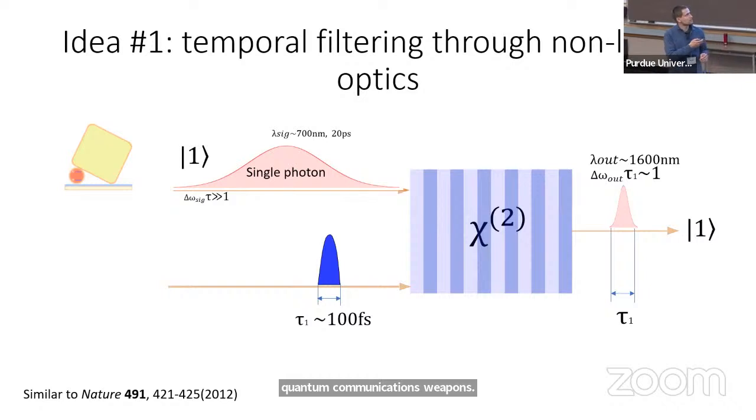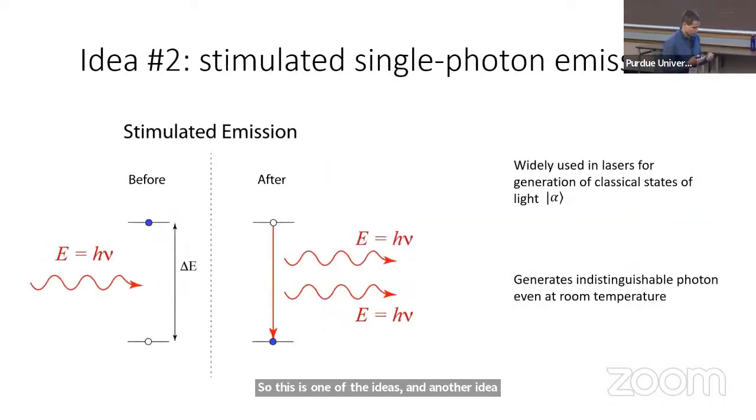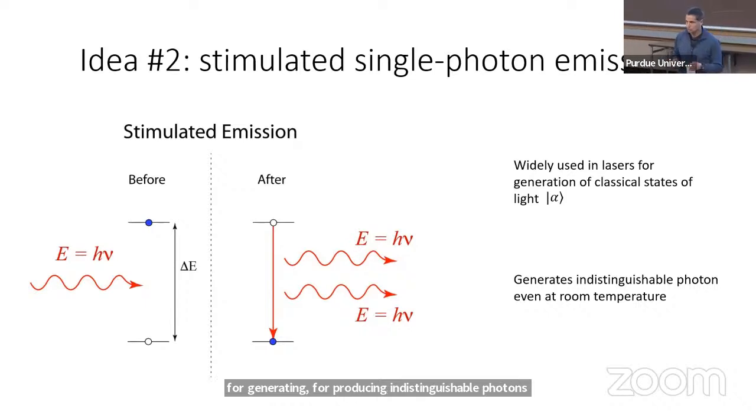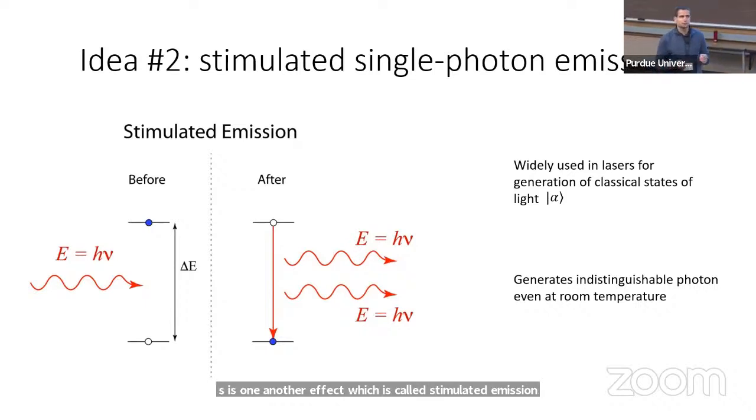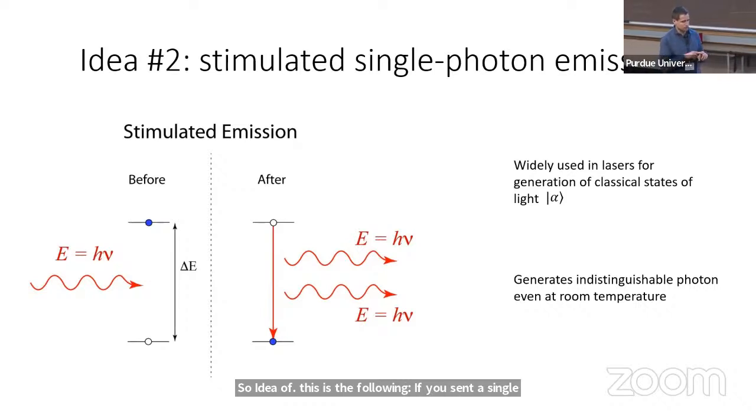So this is one of the ideas, and another idea for producing indistinguishable photons is applying another effect, which is called stimulated emission. The idea is the following: if you send a single photon to a two-level system in its excited state, on the output with some probability, you will have two identical photons.